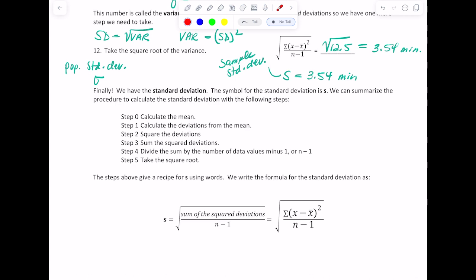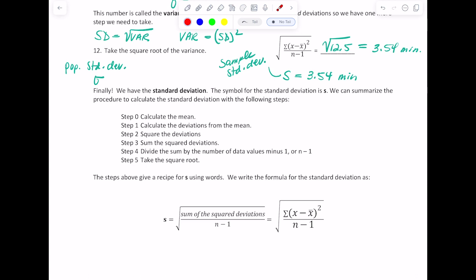Okay, so what does this value actually mean? It means on average, it took you 3.54 minutes longer or shorter on using Route A to get to work, okay? So we said earlier, by looking at the dot plot, Route A had more variation.